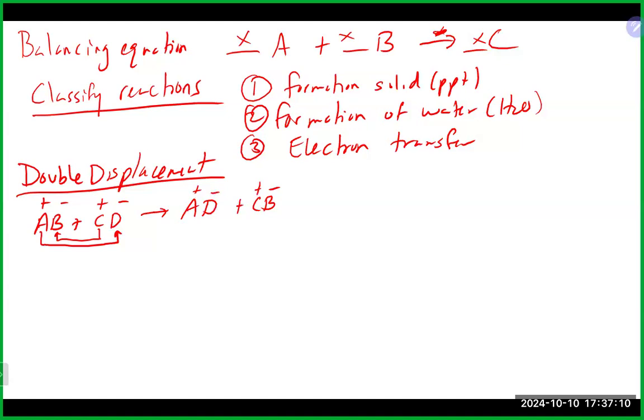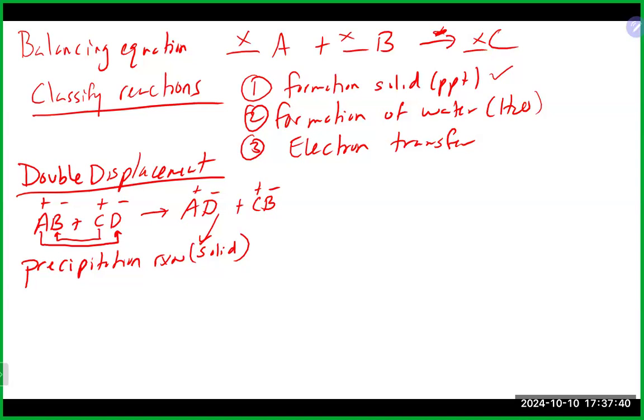The double displacement reaction also has two more specific classifications under that big umbrella. We focused a lot on the precipitation reaction last time, which is when one of these guys makes a solid or a precipitate. And that accounts for one of the three reasons why a reaction takes place.